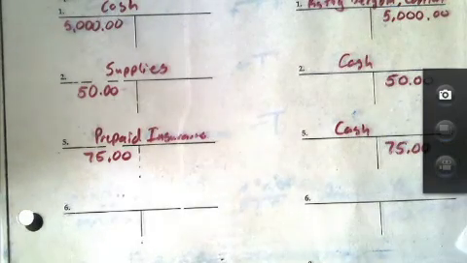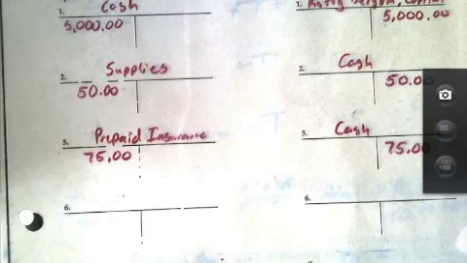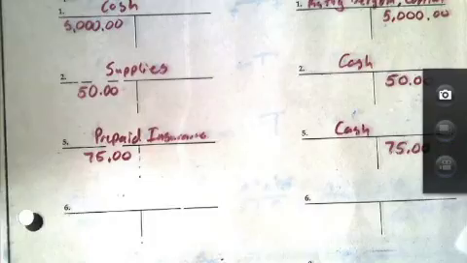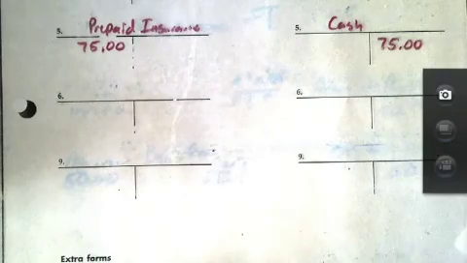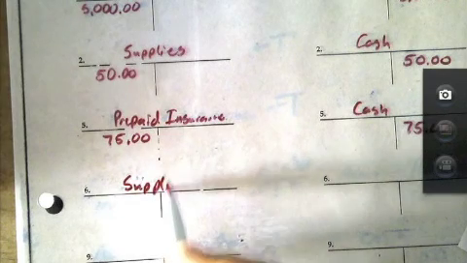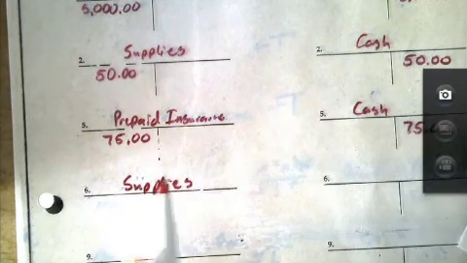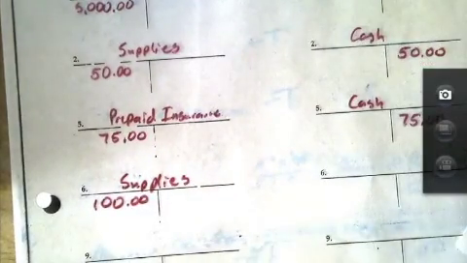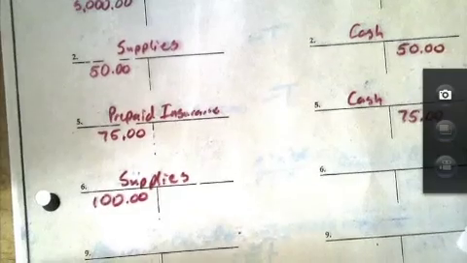On the 6th, bought supplies on account. Supplies is increasing. Supplies, being the asset, is going to get debited. So supplies increased for $100. We know that. If you can figure one out by process of elimination, you can figure the other one out.